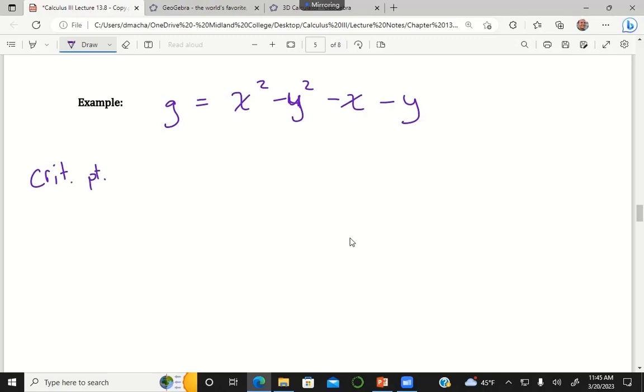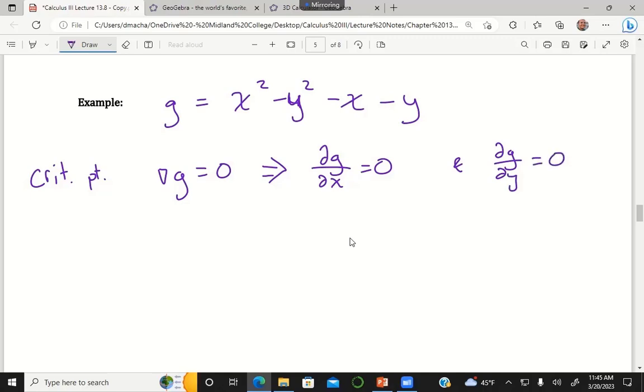Of course the critical points are the places where the gradient of g is equal to 0. That means the partial of g with respect to x has to be 0, and the partial of g with respect to y has to be 0.